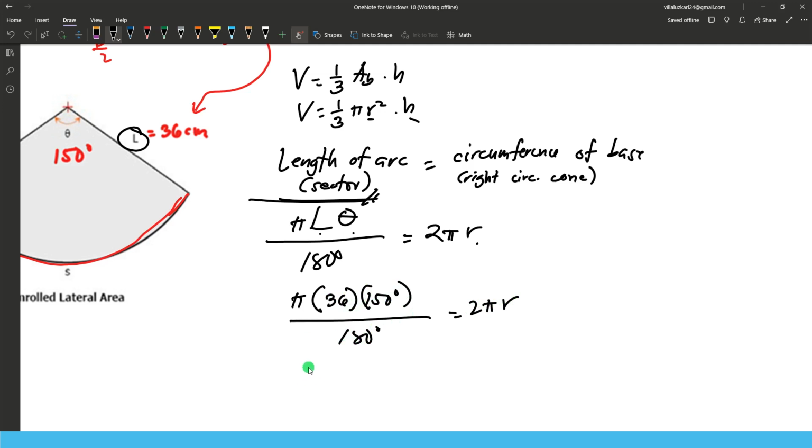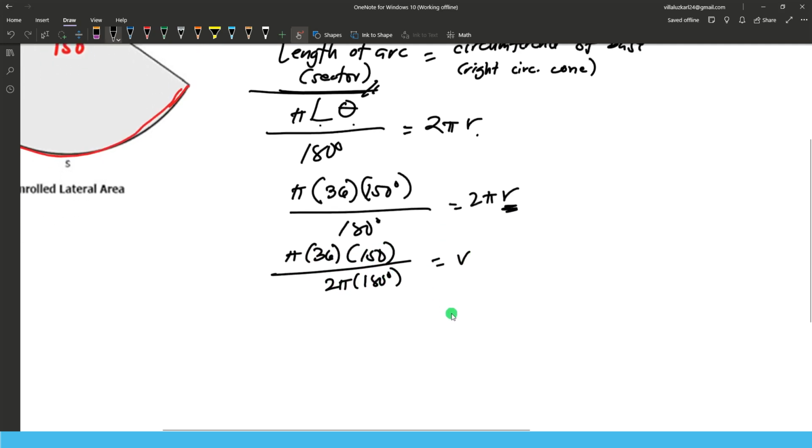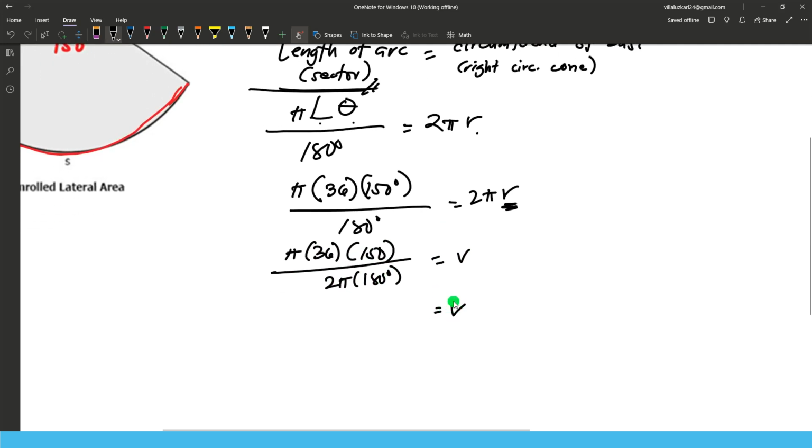Divide both sides by 2 pi to determine r. We have pi times 36 times 150 over 2 pi times 180 degrees. Evaluating this equation, your radius is 15 centimeters.